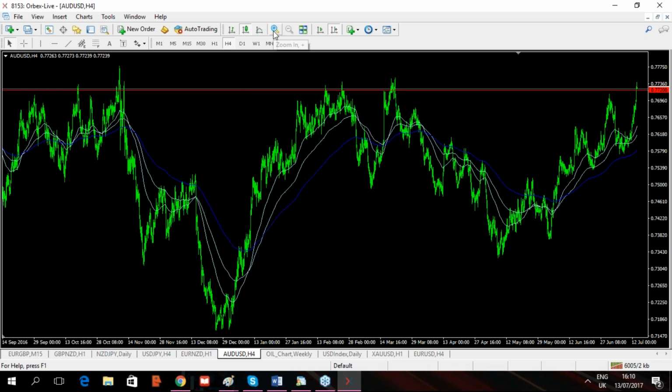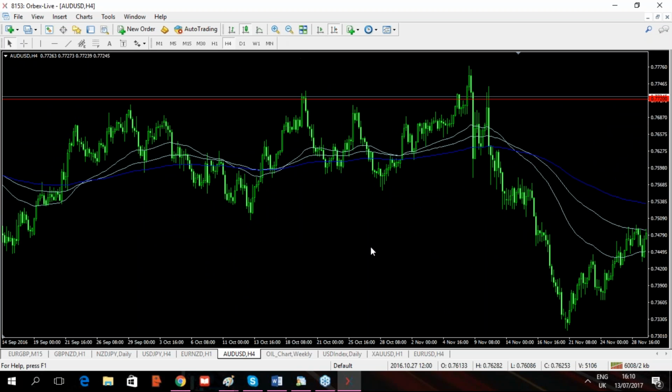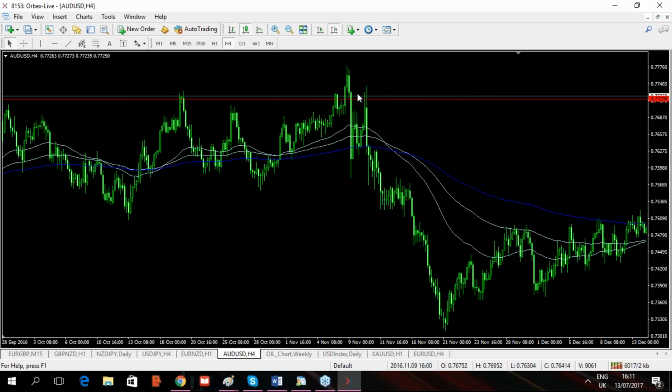So we zoom in a little bit and start drawing the support resistance based on the highest peak and the highest body. We've got one that is quite close, this one here. This one here is a resistance that is quite significant. It was a very big move here, boom, all the way down.